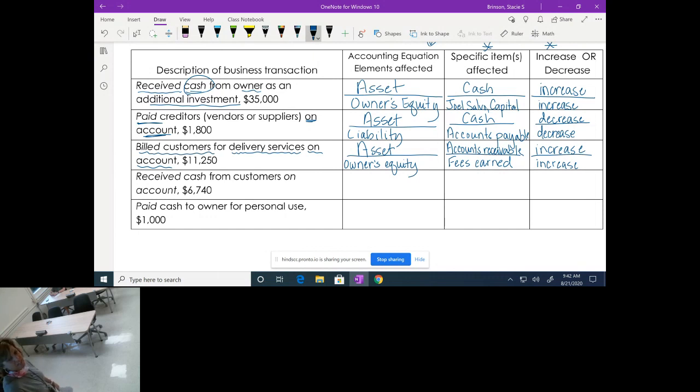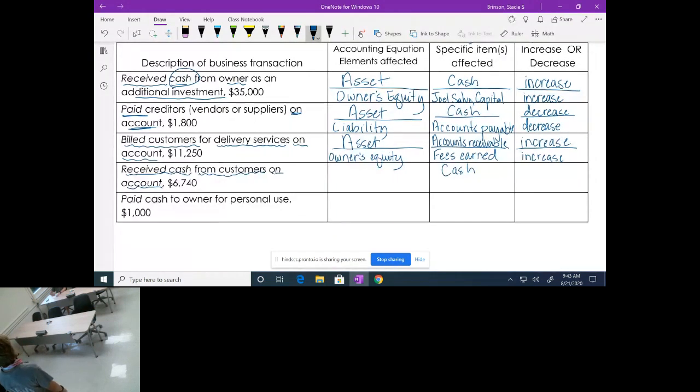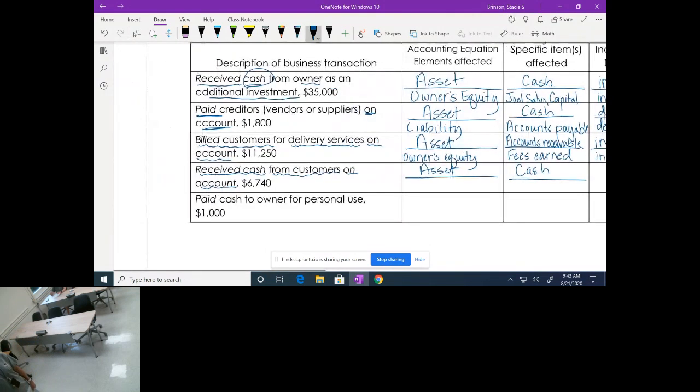We received cash. So what have we got going on there? Cash is going in. What did you say? I'm sorry, did you say income? Increase? What is cash? What kind of asset? Okay, and it's increasing or decreasing?